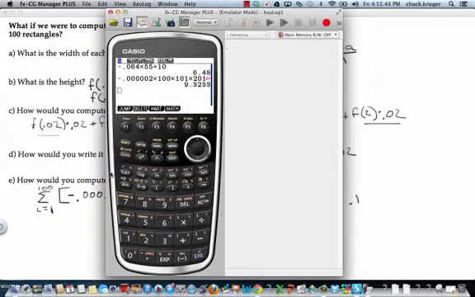Let me just check one thing. 0.02 squared times 0.02. Oops, I might not have had enough zeros in here. Times negative 1 times 100 times 101 times 201 divided by 6 plus 10. Ah, there I go. That's what I wanted.